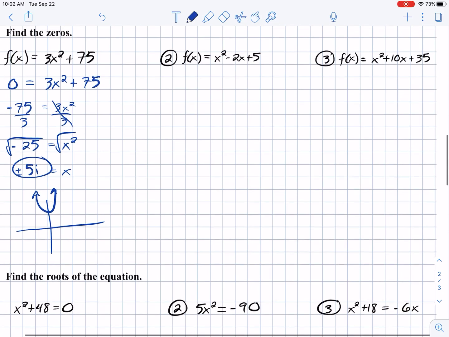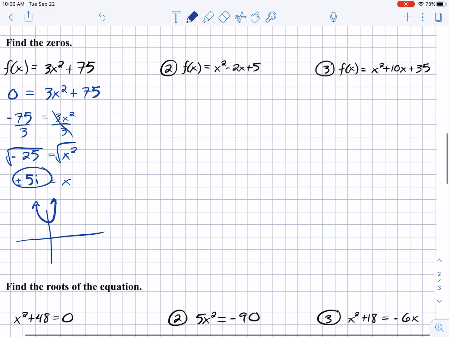Oh shoot, hopefully you notice on 2 that there are no factors of 5 that add up to negative 2. So if you can't factor, we spent a homework on this and the whole lesson, we need to complete the square. Can't forget completing the square. So we move our 5 over, get our x terms on the same side. And then we want to add b over 2 squared to both sides, which in this case would be 1. Half of 2 is 1 and 1 squared is 1.